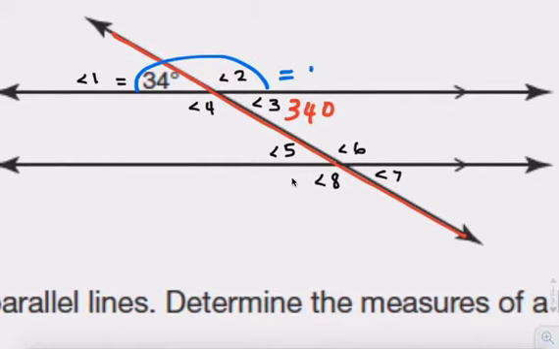So therefore, to be 180, the measurement of angle 2 is then 156 degrees. Okay, that makes 180. Oh, I need to write my degrees a little bit smaller.